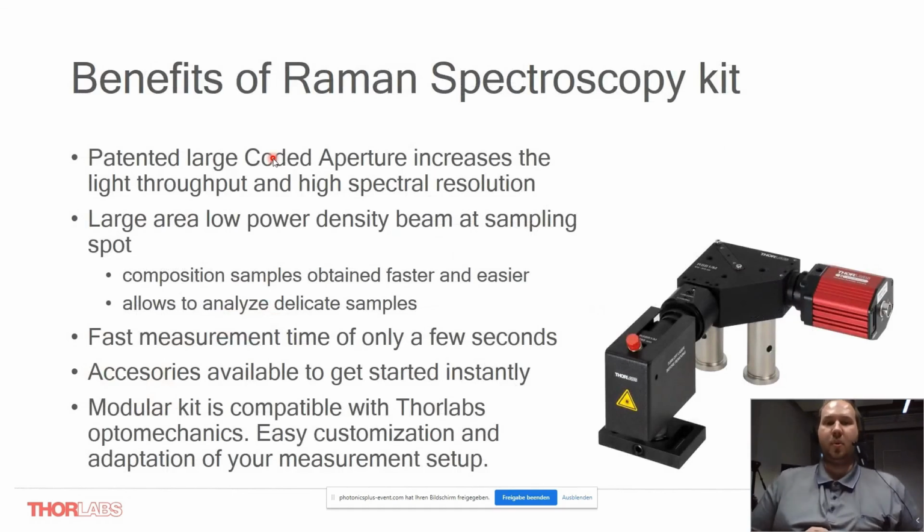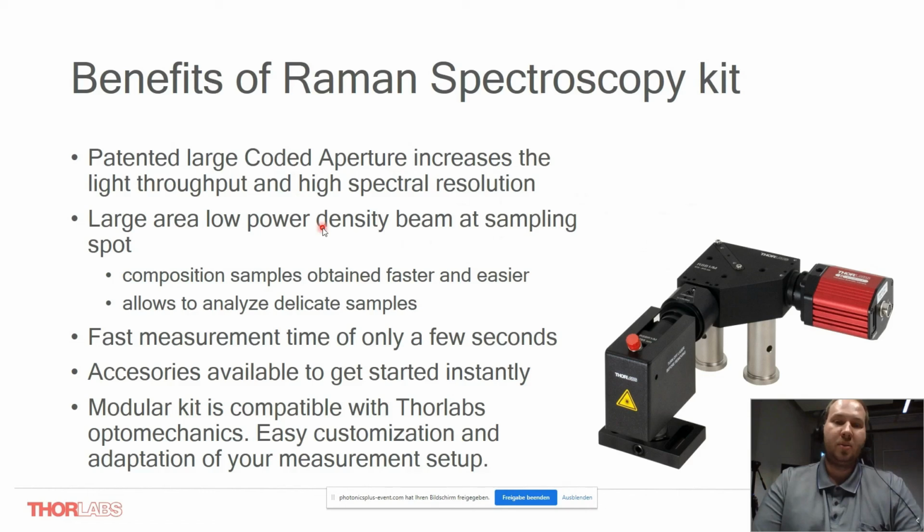Yes, to just quickly summarize, we use the patented large-coded aperture technique to increase the light throughput and achieve a higher spectral resolution at the same time in our Raman spectrograph. The beam has a very large area, which in turn results in a very low power density at the sampling spot. So you get integrated averaging, and you can obtain the composition of samples very fast and very easily.